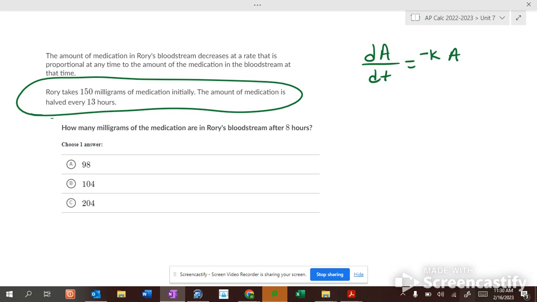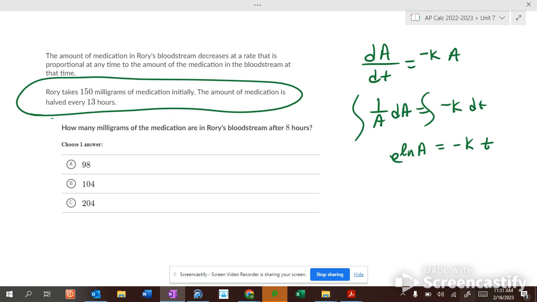Okay, so we move the a to the other side, we move the dt to the other side. So 1 over a dA equals negative k dt. Okay, so you integrate both sides. The ln of a, the amount, equals negative k, a constant, so we can throw that on the outside, and the integral of dt is t, plus c.